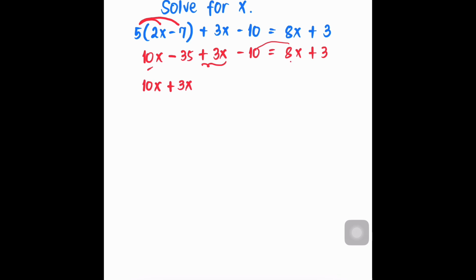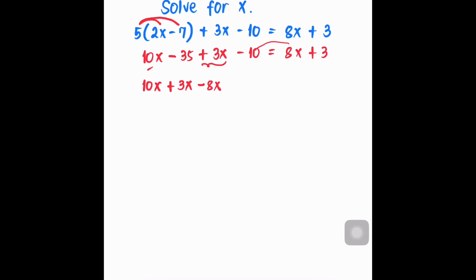Since it's positive 8x and it's jumping over the equal sign to the left, it will become negative 8x.